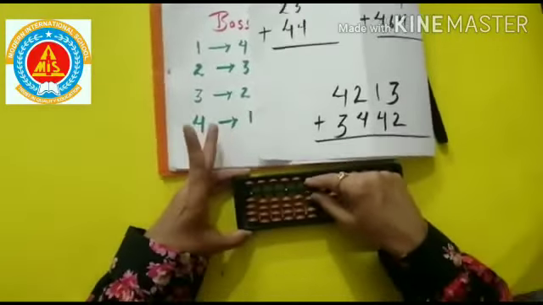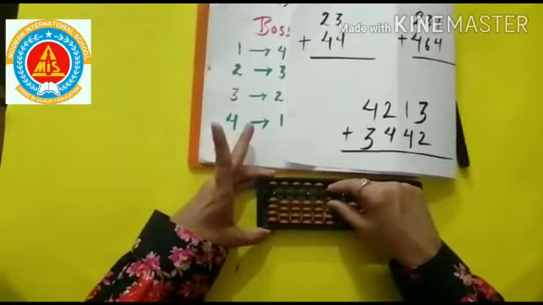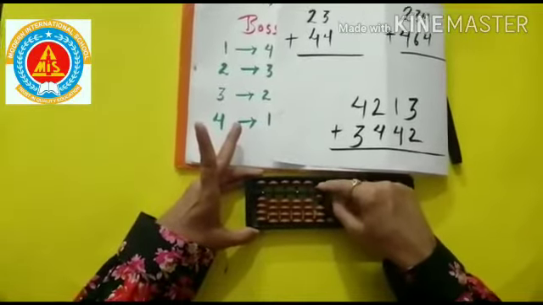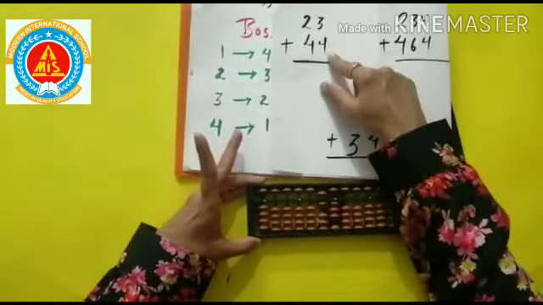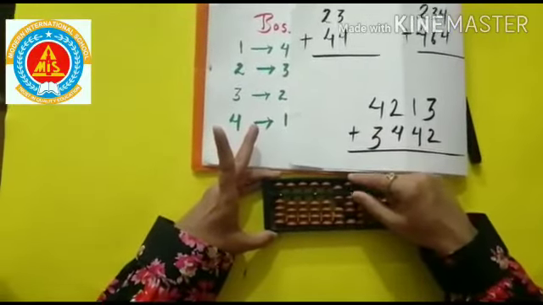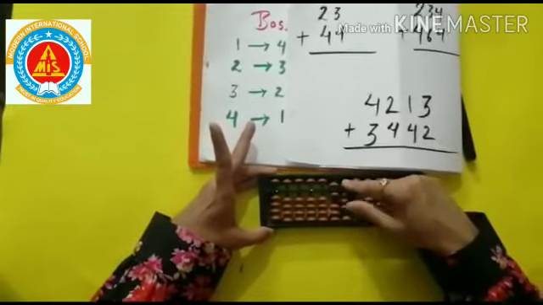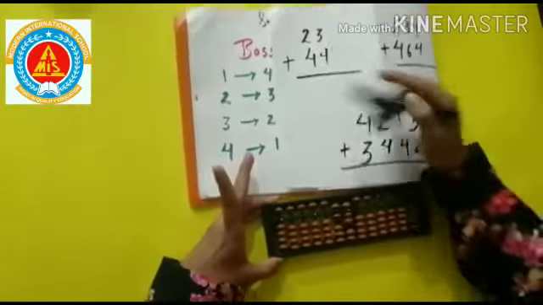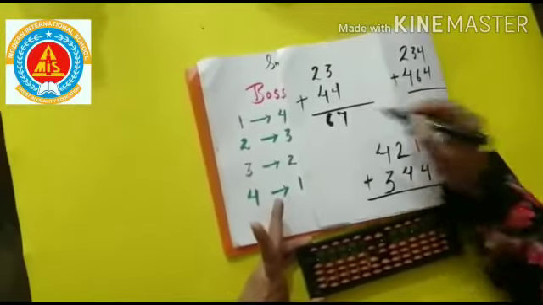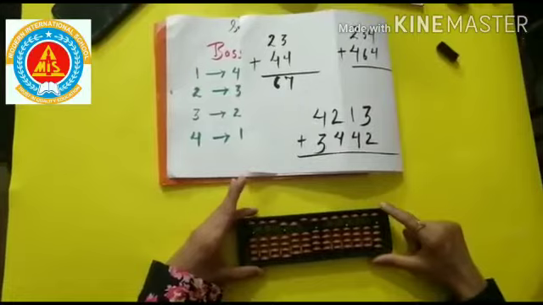Who is the friend of 4? 1 is the friend of 4. And then for this other 4, again add the boss 5 less the friend 4. And the answer will be 67.